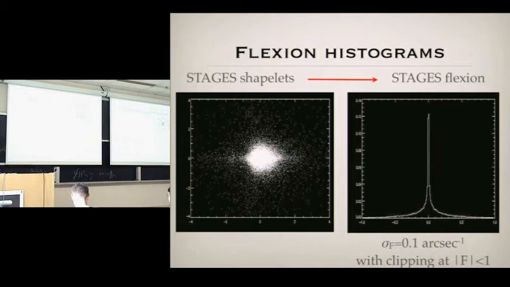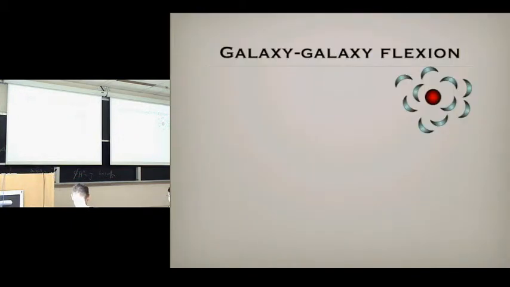So, what can we do once we've measured these flexions? Well, we could look at galaxy-galaxy flexion. So, just like I was showing earlier with shears around a foreground object, here we have flexed bananas around a foreground object.